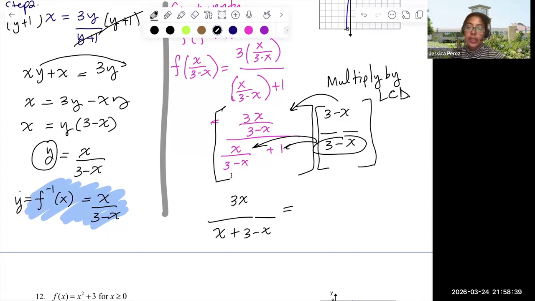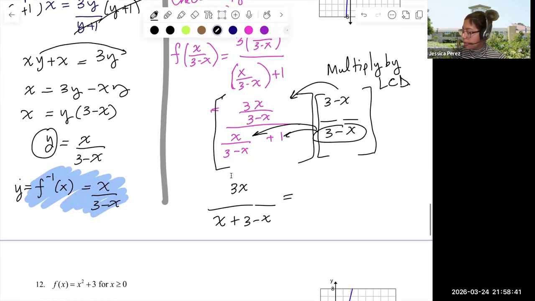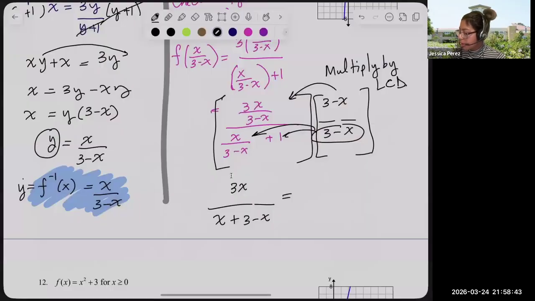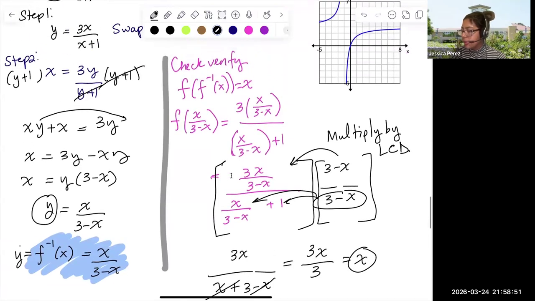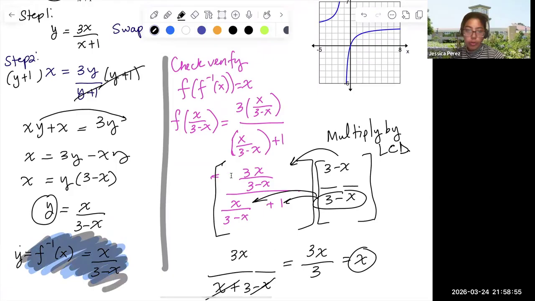This is cleaning up your fractions. So you get 3x over 3, which is x. So you just verify that indeed this value right here, x over 3 minus x, is your inverse function.